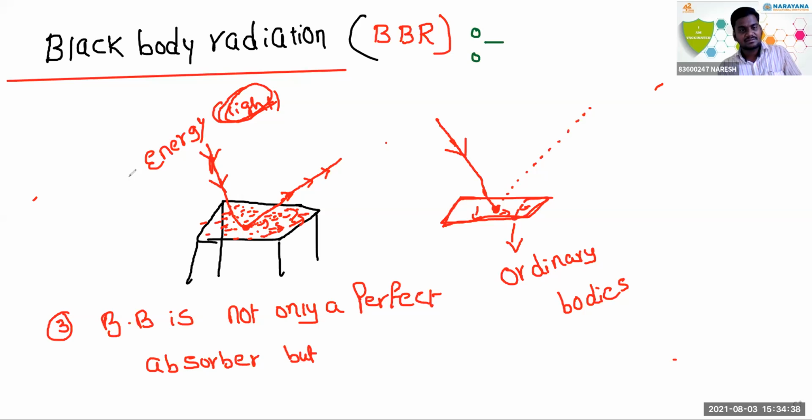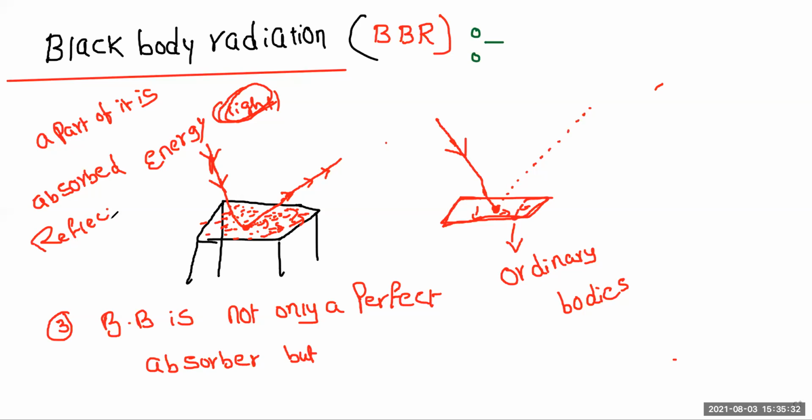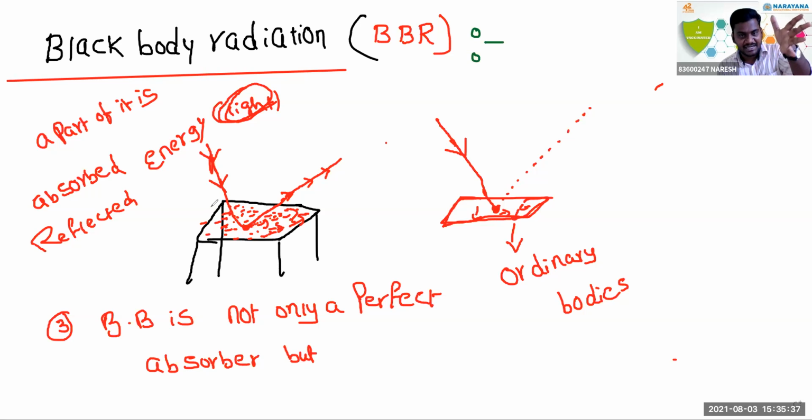First point: when radiant energy falls on the surface of a body, a part of it is absorbed, a part of it is reflected, and the remaining energy is transmitted.